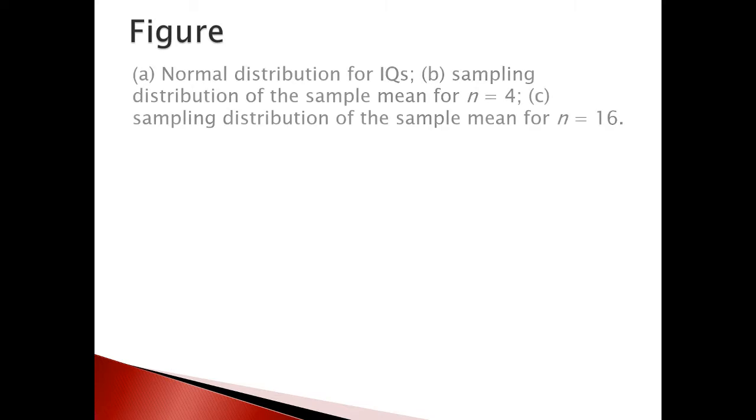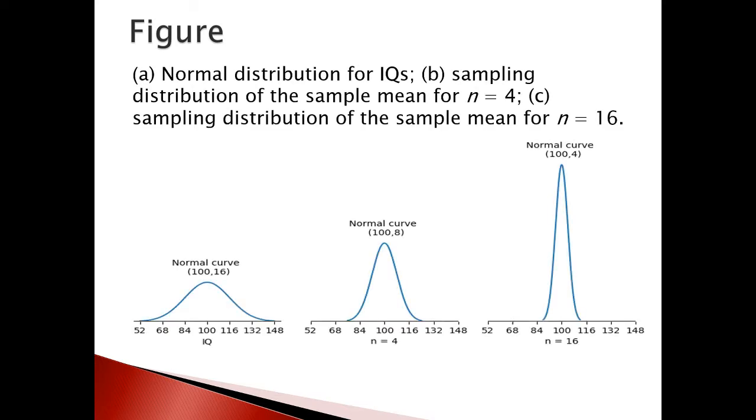In the next slide we are going to see the figure. Figure 1 indicates that the IQs are normally distributed. The second figure shows that the possible sample mean IQs for samples of 4 people have a normal distribution with mean 100 and standard deviation 8.